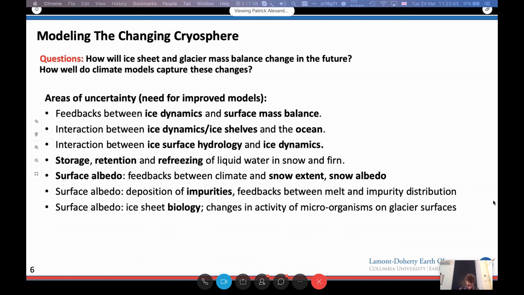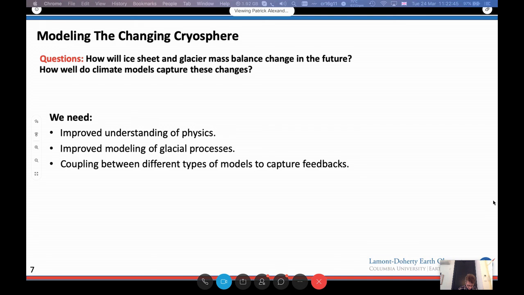So what we need, really, we need a few things. We need to improve our understanding of the physics of these processes. We need to get that improved understanding into models, and then we need to do this coupling between different types of models.